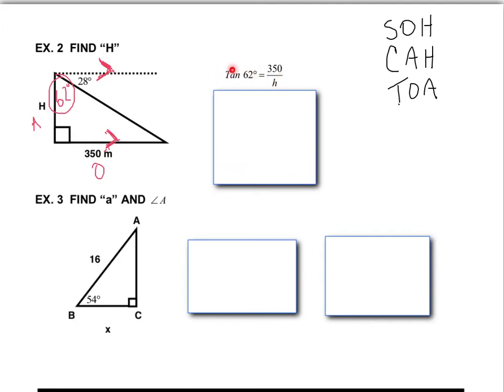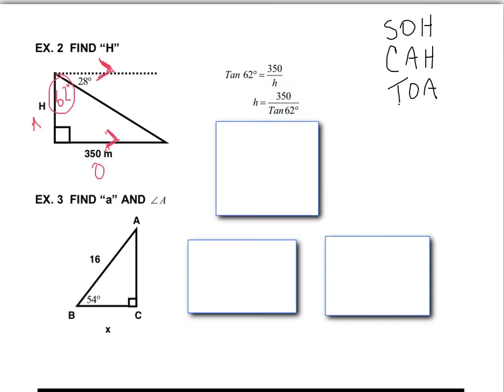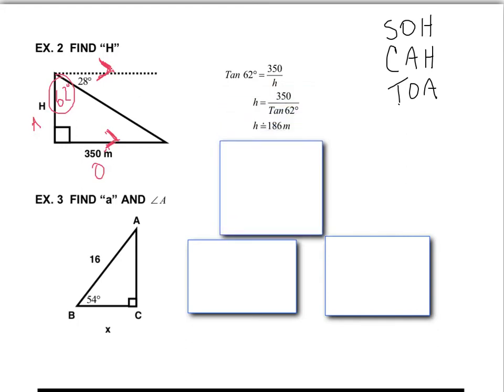And then that tan is going to come over and it's going to get divided with the 350. So you can do that in one step if you're comfortable with it. And then you punch it on your calculator. And you get approximately 186. You have to write the meters in because we had meters in the question. So right here, you have to include your meters or you're going to lose part of a mark.